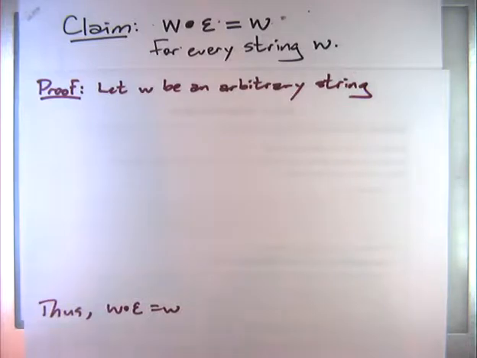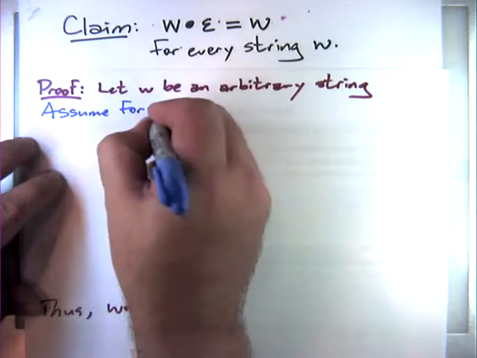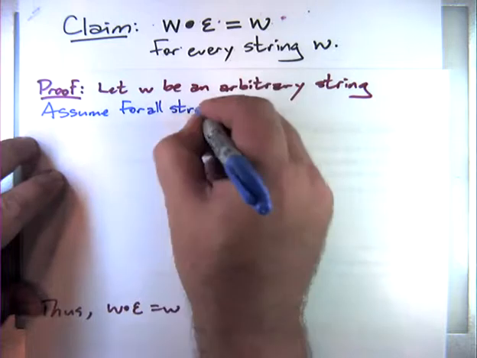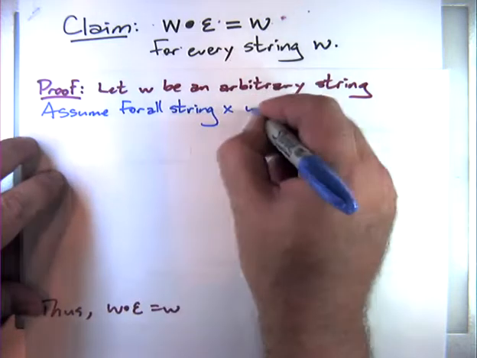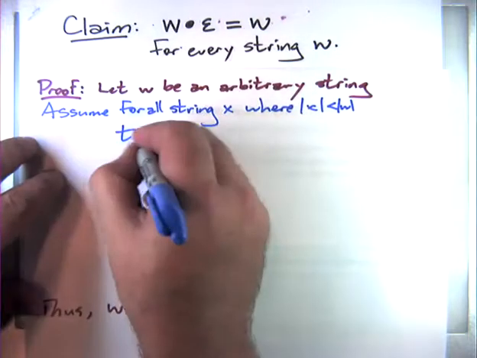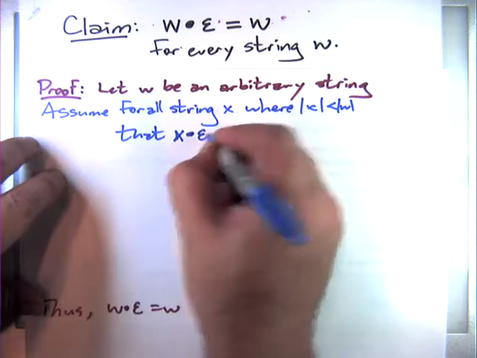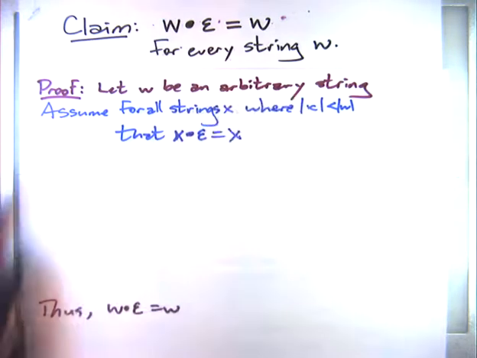Step 2, write down the induction hypothesis. Assume for all strings X, where X is shorter than W, that X concat epsilon is X. Okay?